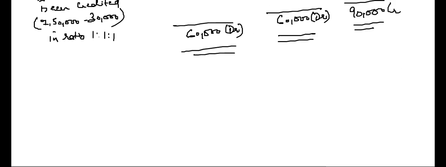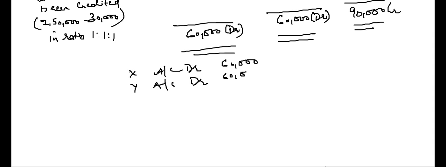So what will be the entry: X account debit, Y account debit, because see, X and Y were getting a bigger share, 2:1, but that was quite unfair on the part of Z. So we have taken some money from X and Y because they were getting more amount, which was not allowed as per the provisions of the Indian Partnership Act.